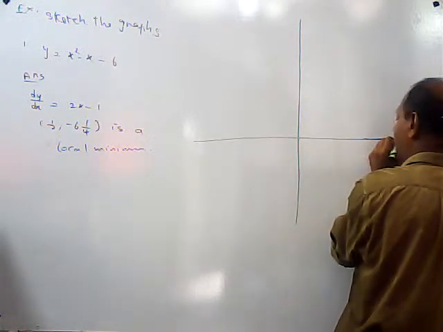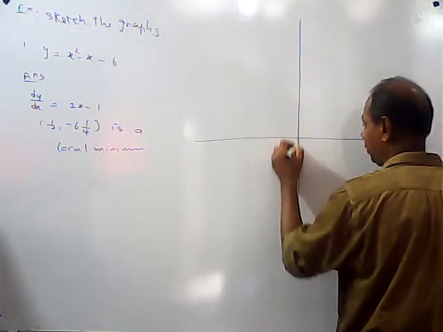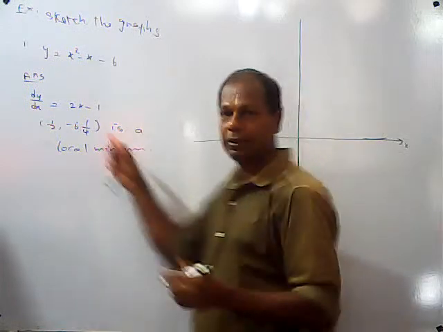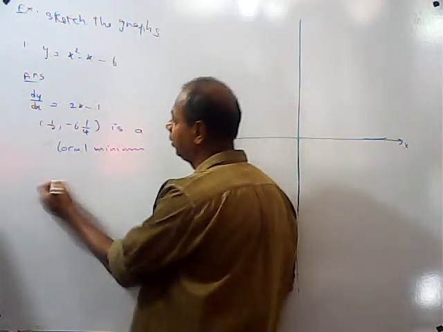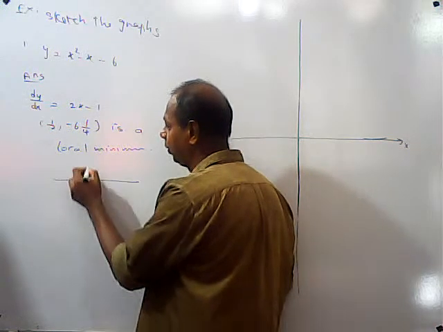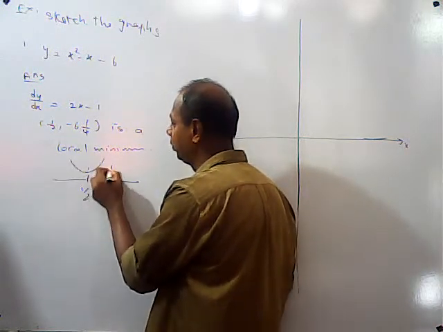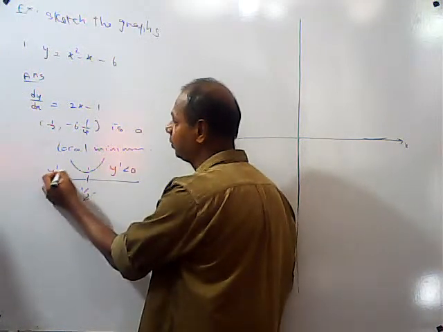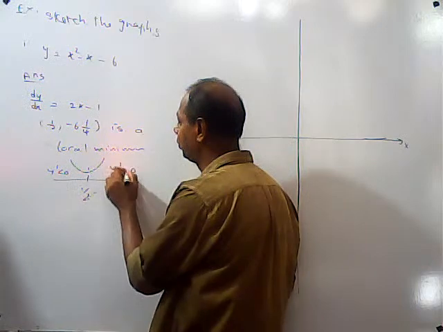So for this we found earlier that's a minimum at half. That's a minimum. Y dash is negative, y dash is negative and y dash is positive.